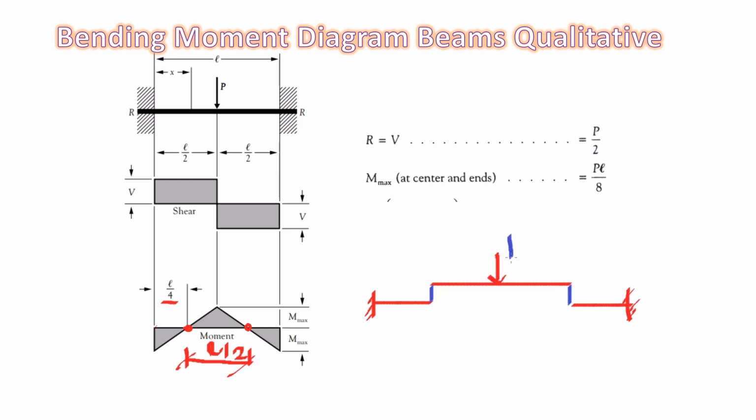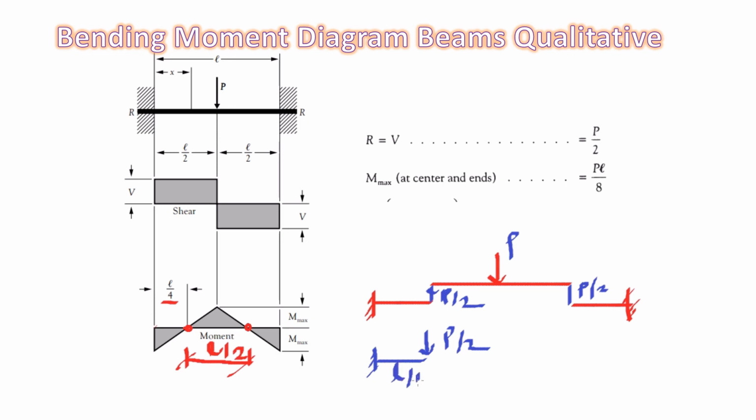Because of this load P, there will be P by 2 internal force on this compression member. So this can be taken as a cantilever with P by 2 load, and the span is L by 4.